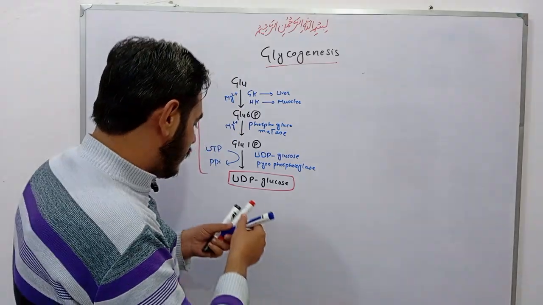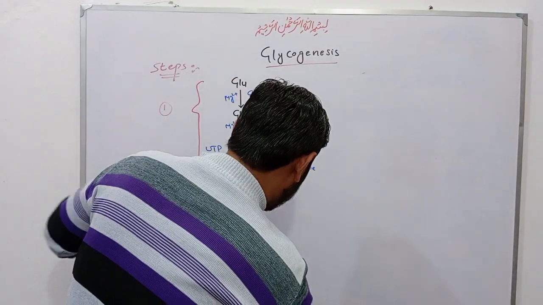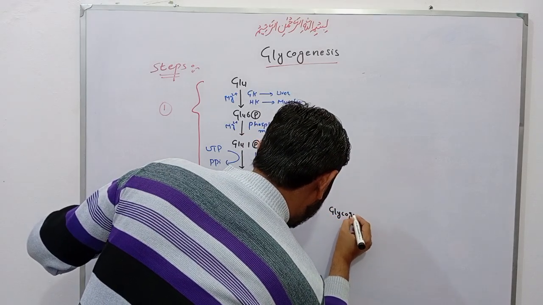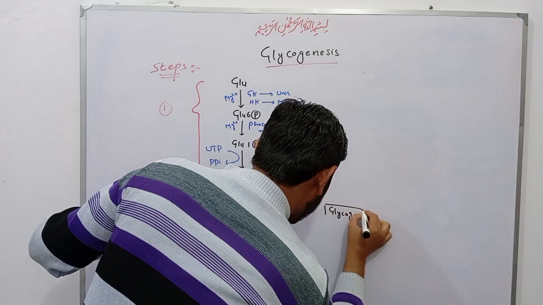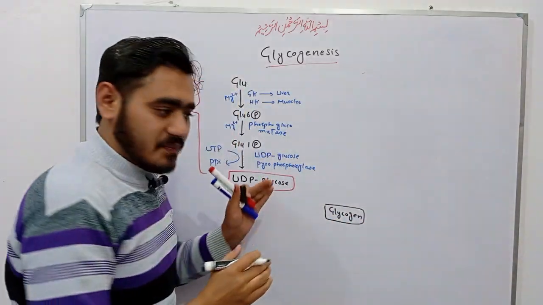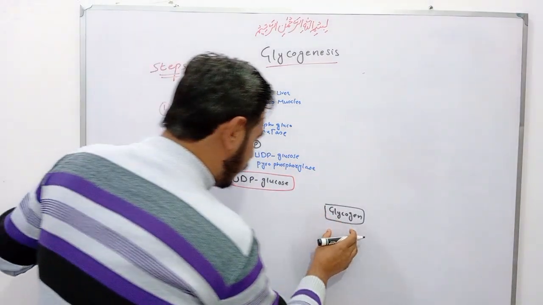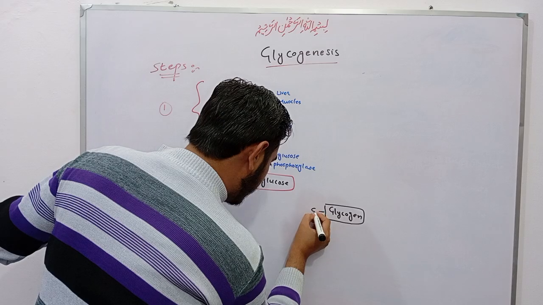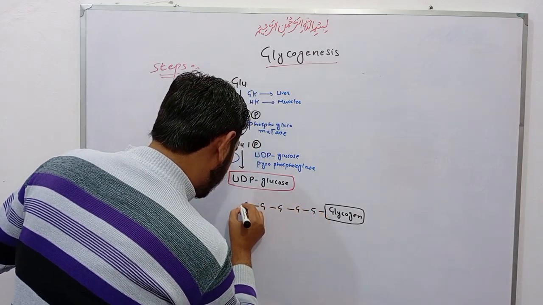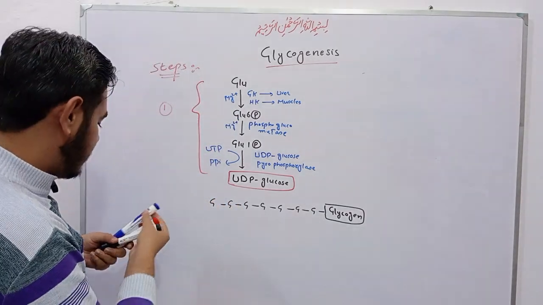Now, glycogenin is very important for the synthesis of glycogen. In the absence of a glycogen primer, this substance is used. It is a protein with oligosaccharide side chains. This is the second step.